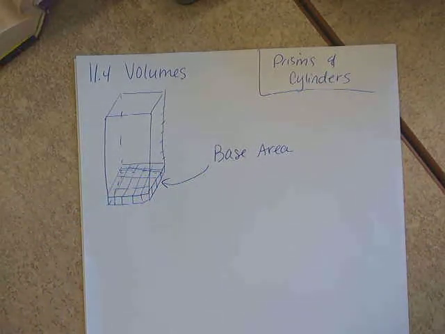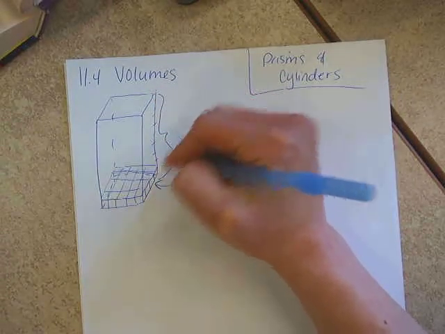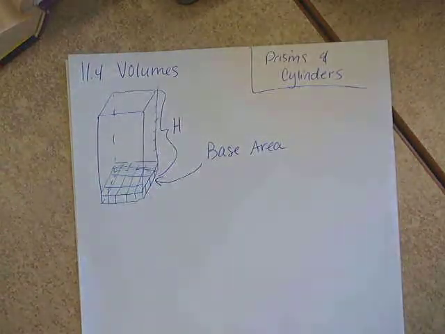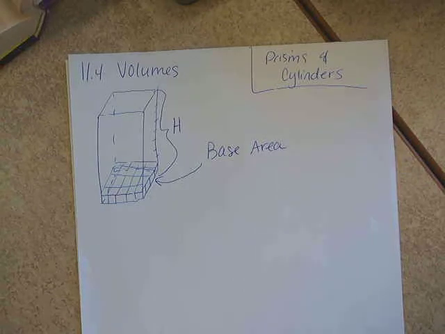So if there are 20 cubes on the bottom, and it takes me 10 layers to fill that up, then I have 20 times 10, which is essentially times the height, right? Yes? Okay, so what I'm multiplying by here is my height, because those are all single units as well.